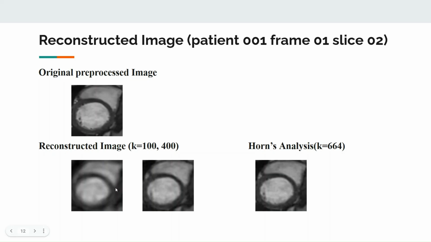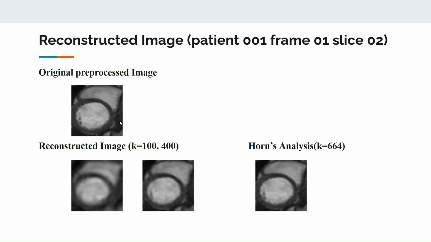However, for this example, we could still see the shape of different parts, except for the details, including the holes, which are actually the vessels scanned in the LV. The smaller K components smooth the edges, so the details become blurry. This indicates there is a smoothing effect, especially for the outer range of the MYO.